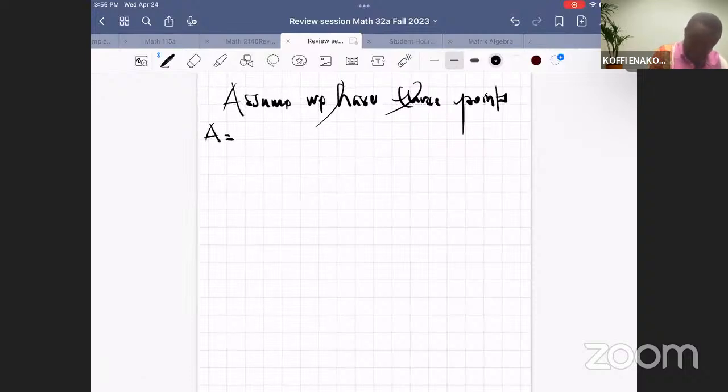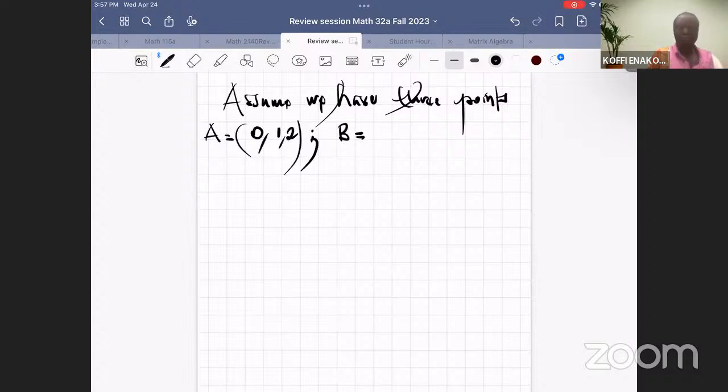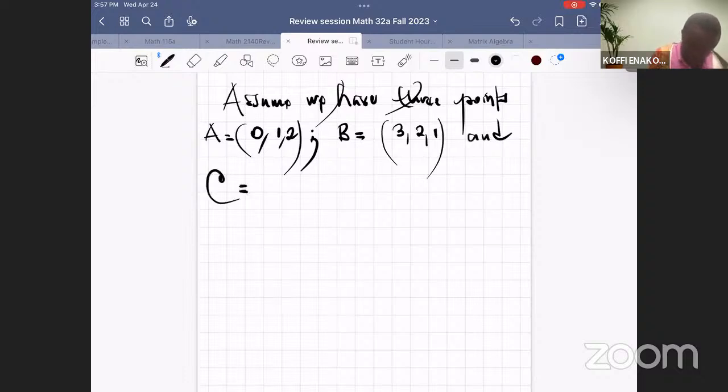The point A has coordinates 0, 1, 2. B has the components 3, 2, 1, and C will have the components 5, 2, 0.